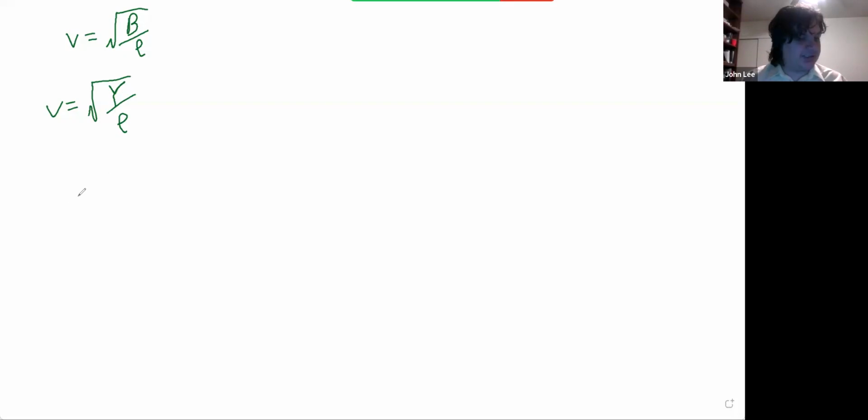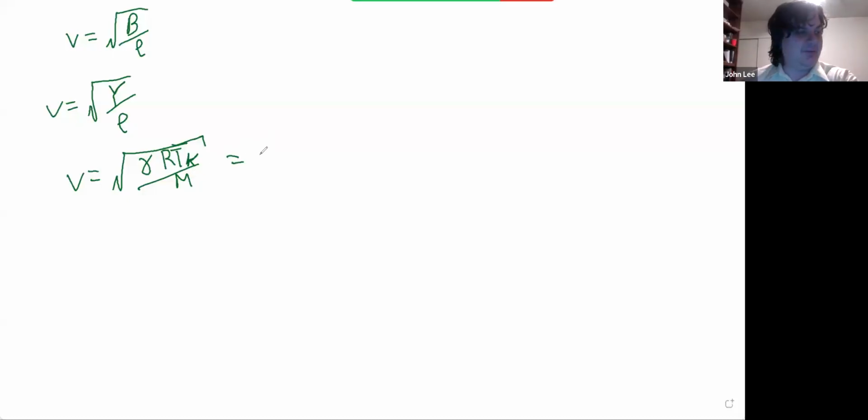And then we also have the equation that v equals the square root of gamma R T_K over M, where this is going to make more sense in the next semester. Gamma is a constant, R is a constant that converts temperature to energy per mole, and then M, I believe, is the number of moles.